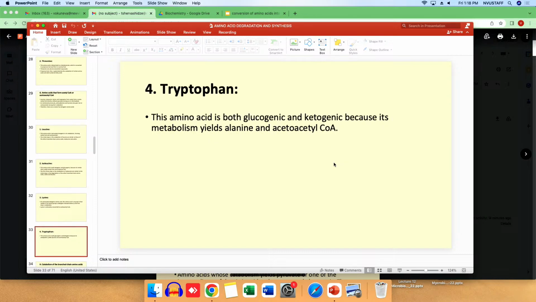Tryptophan, an amino acid that probably you heard a lot and probably you will hear a lot later. Why is tryptophan so important? First of all, tryptophan can participate in both pathways, so it can be glucogenic or ketogenic, and it can give us alanine or acetoacetyl-CoA.